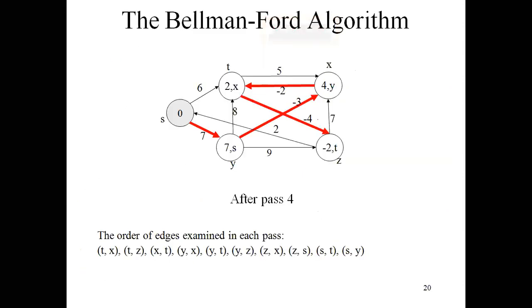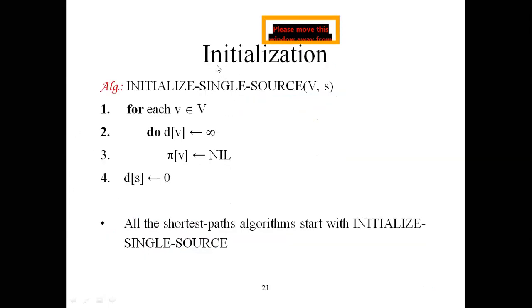Okay, see the next diagram after pass 4. We need 4 passes since the number of vertices in the graph is 5, so 5 minus 1 is 4. This is the initialization step, initializing each and every vertex with infinity, and pi of v, which indicates the previous vertex, is initially nil.